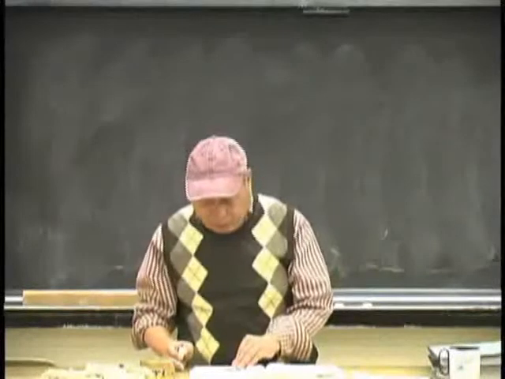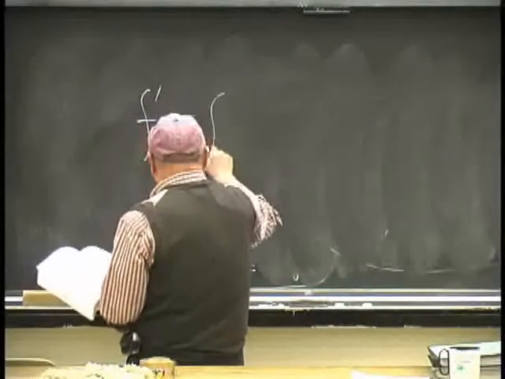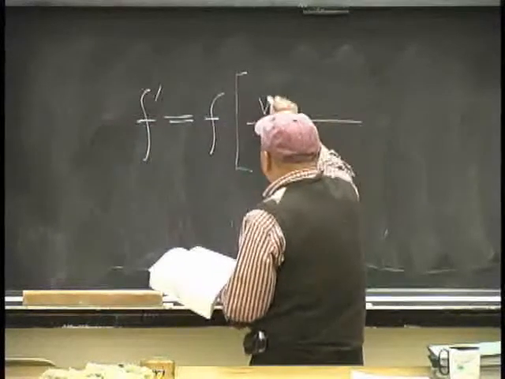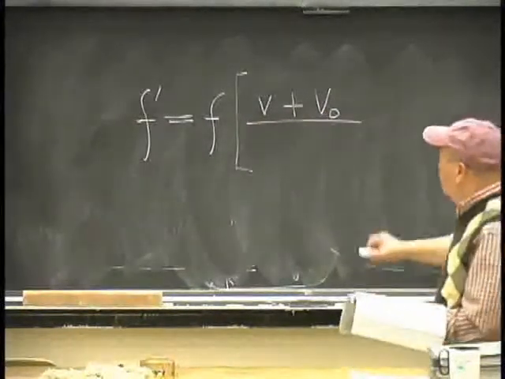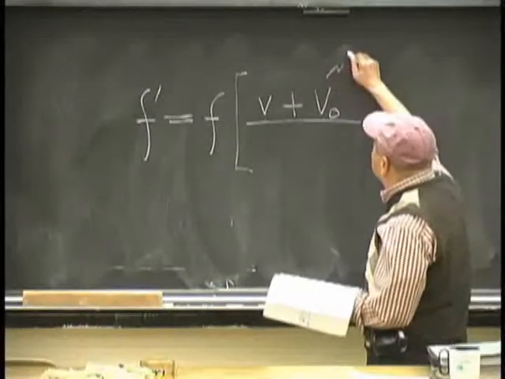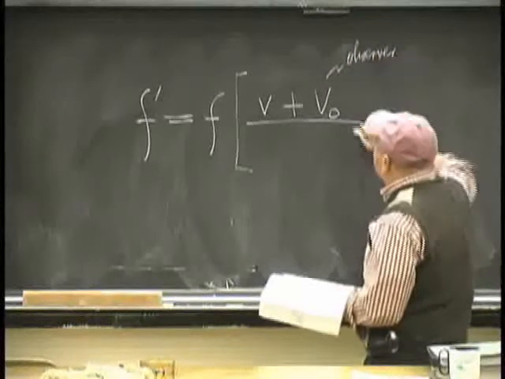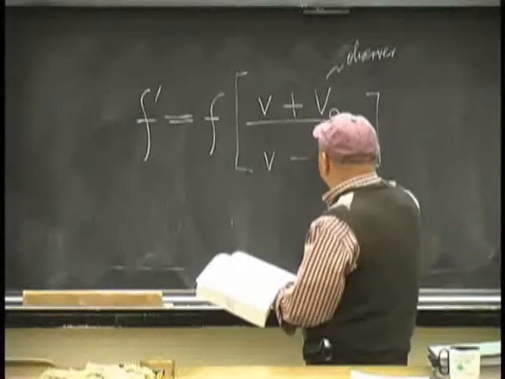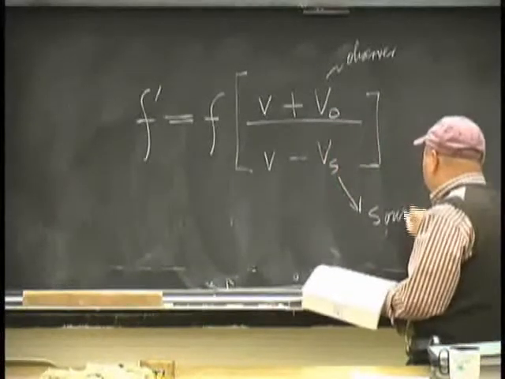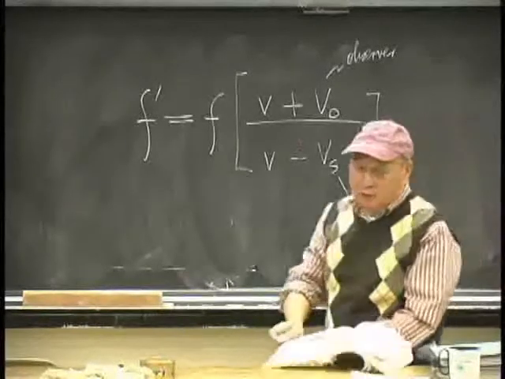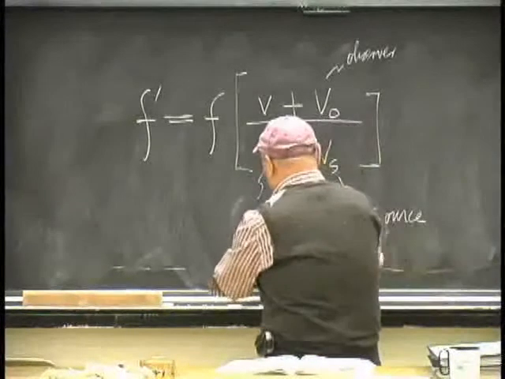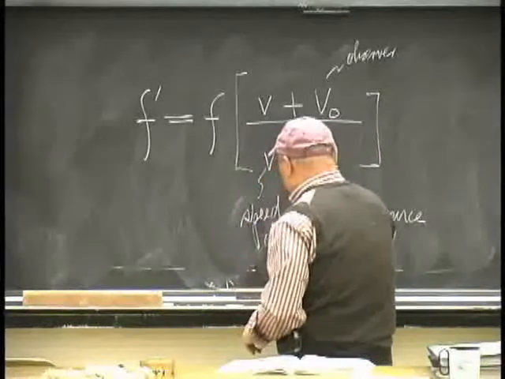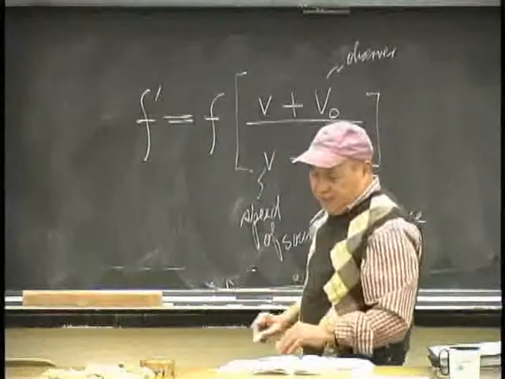After the motion changes, f prime is equal to f times (v plus v sub o) divided by (v minus v sub s). Here v is the speed of sound, v sub o is the observer speed or listener speed, and v sub s is the speed of the source of the sound.